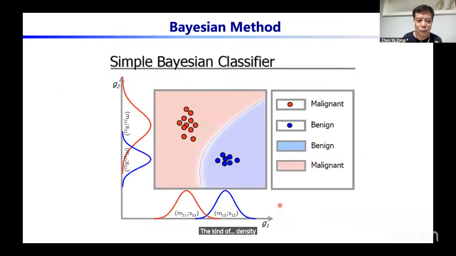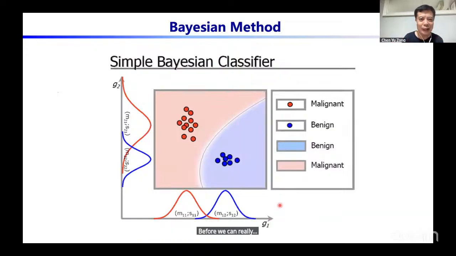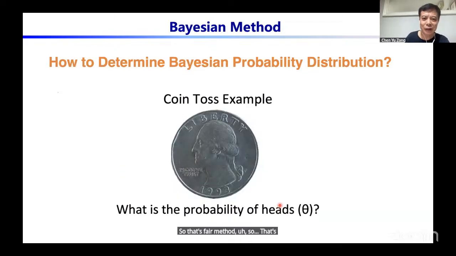That means we must have a method to generate the density function before we can really apply the Bayesian classifier method. So that's the main topic of today.